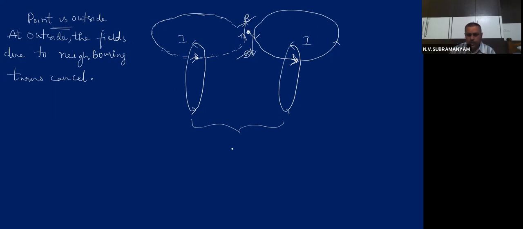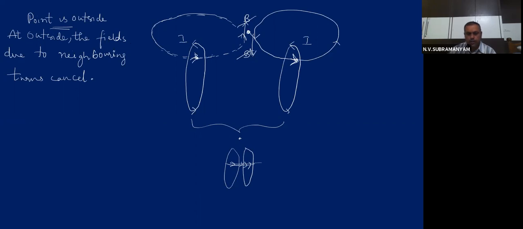When the loops are coming very close to each other, then at outside point anyhow field will become 0, but inside point fields will get added. That means it will be in the same direction.